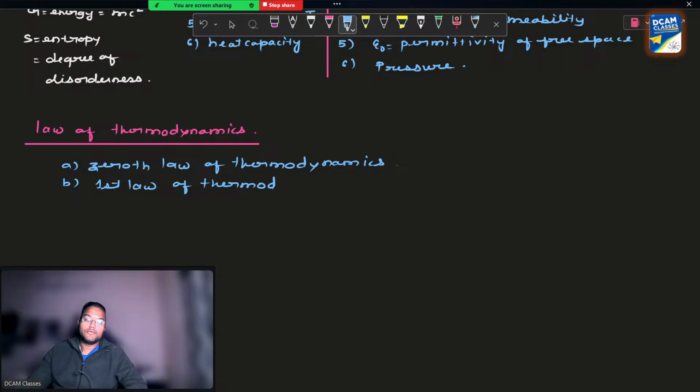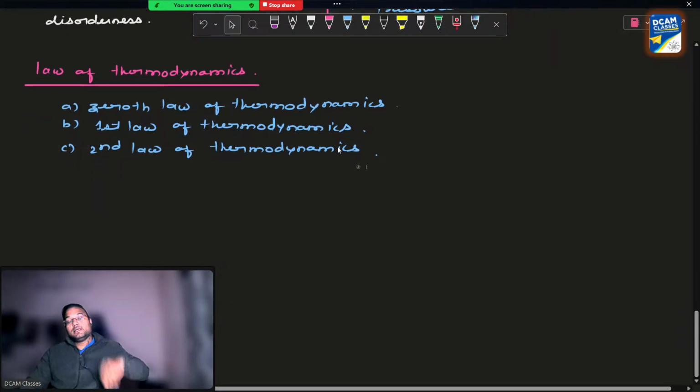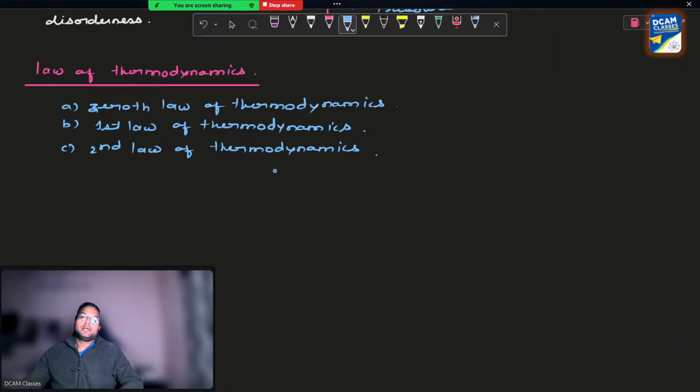Most of the problem solving you will be doing on the basis of the first law only. Then the second law of thermodynamics. Least important is the zeroth law of thermodynamics, but for the sake of understanding, we have to study it. Zeroth law.